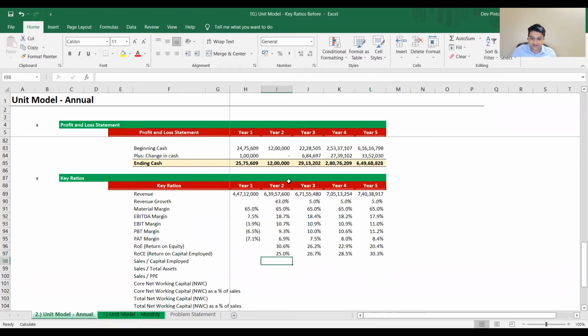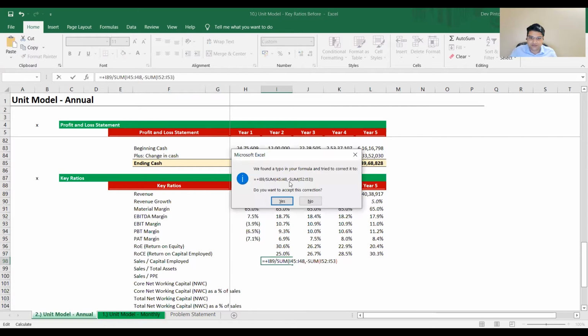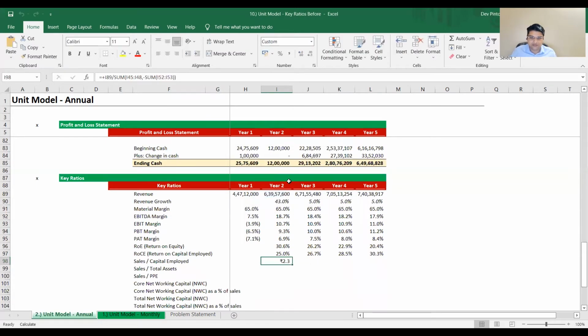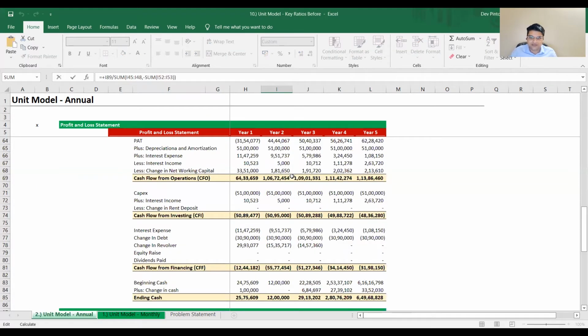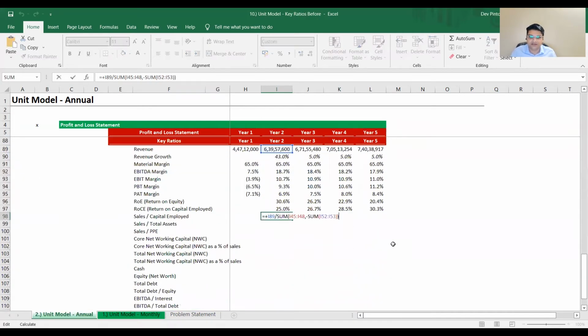Sales upon capital employed, nothing but this divided by, this is effectively the capital employed number, right? It's nothing but sum of all of these items minus these items. Have it here. Good for this as well.